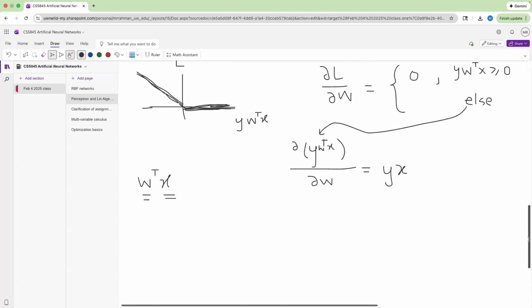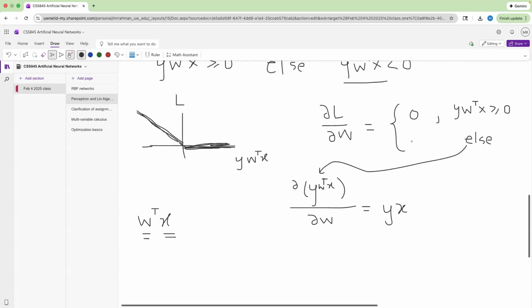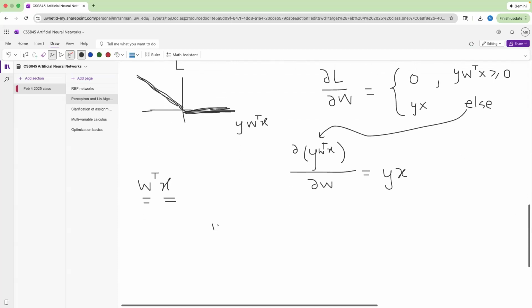Okay, and now if you look at the gradient, what we have here is y x. And now if we try to state the gradient descent rule, the new weight is basically the weight remains unchanged if there is no error, right?